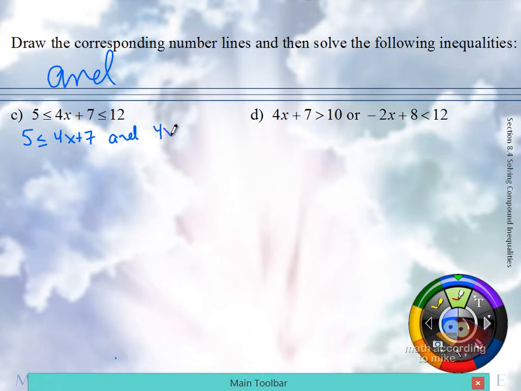And then the conjunction and would go in between them. However, we could just do what we did before, where whatever we did to one section, we also have to do to the other two sections. I find it to be a little bit easier. So let me do that now.